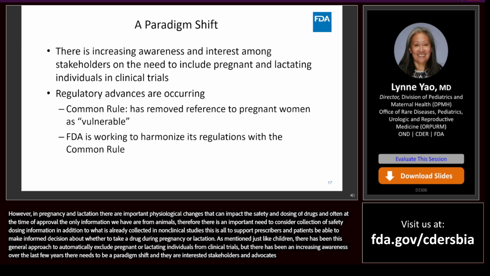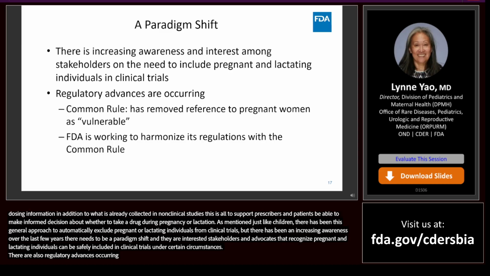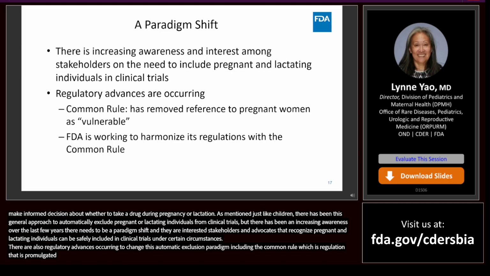There are also regulatory advances that are occurring to change this automatic exclusion paradigm, including that the Common Rule, which is a regulation that is promulgated by NIH, removes the reference to pregnant individuals as vulnerable, and FDA is working to harmonize this regulation with the NIH regulation.